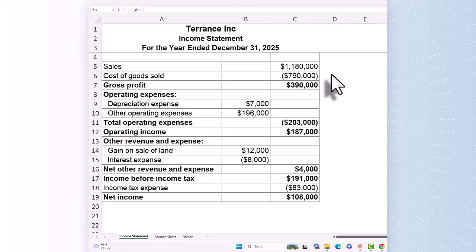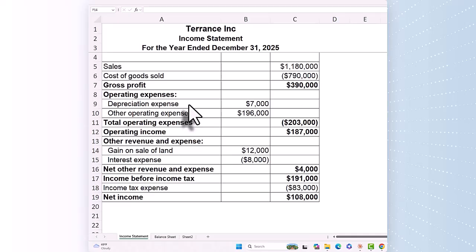Now let's come down into the operating expenses. So this example has our operating expenses separated out into depreciation expense and all the other operating expenses. Now you may be seeing a more traditional look at an income statement where all of the expenses are listed out. In this case, they've lumped all of the other expenses together and they've just called out depreciation.